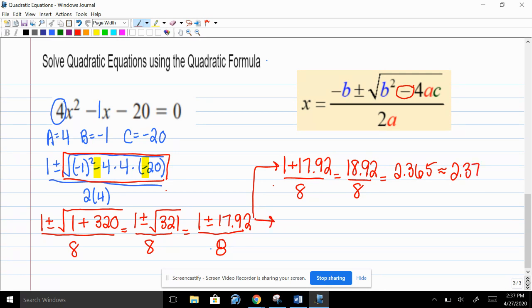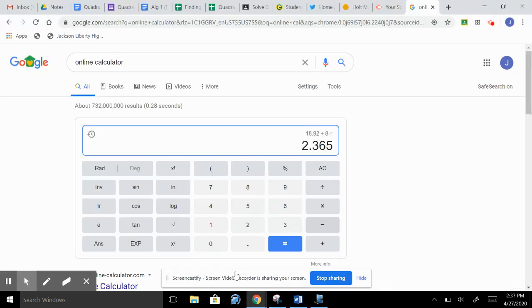And then my other answer, I got 1 minus 17.92 divided by 8, which will be negative 16.92 divided by 8. Go back to my calculator.